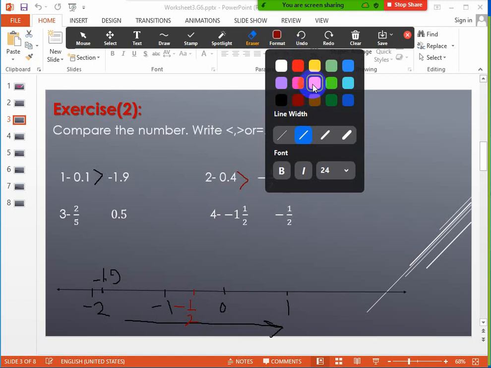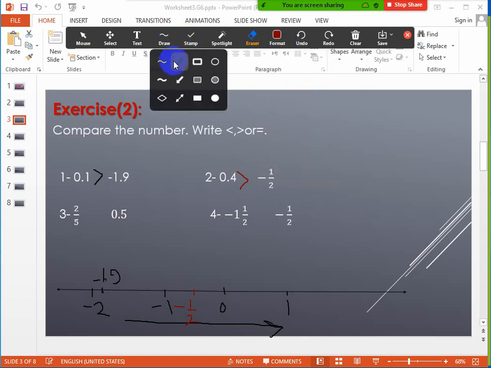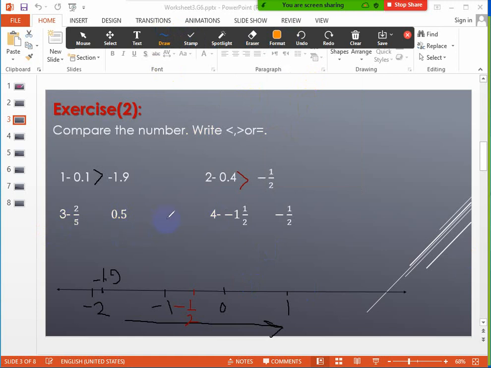Now I will use the number line to compare between those two numbers. Let's see now, Tolene, could you please help me to decide which one is the greater? I have 2 over 5 and 0.5. This one is a decimal number and this one is a fraction.